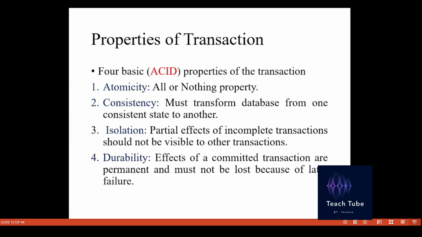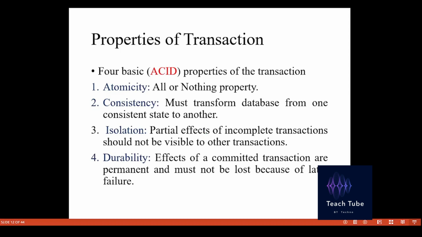Isolation: partial effects of incomplete transactions should not be visible to other transactions. Transactions must execute without interference from other concurrent transactions. So, without any interference, a transaction must be committed or done.